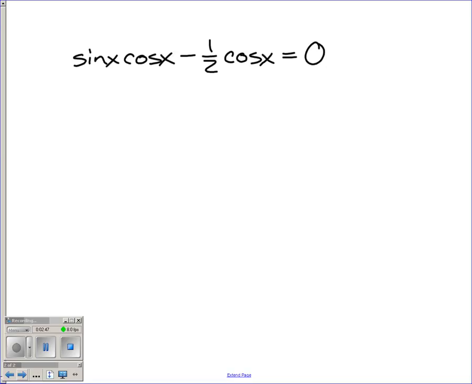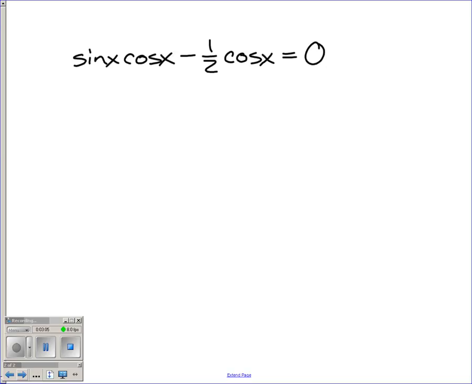Now, if it doesn't say principal values of x, then it's either got to limit it, or you've got to give all the values, which could occur with that particular value plus 2 pi n or pi n, something like we've done before.